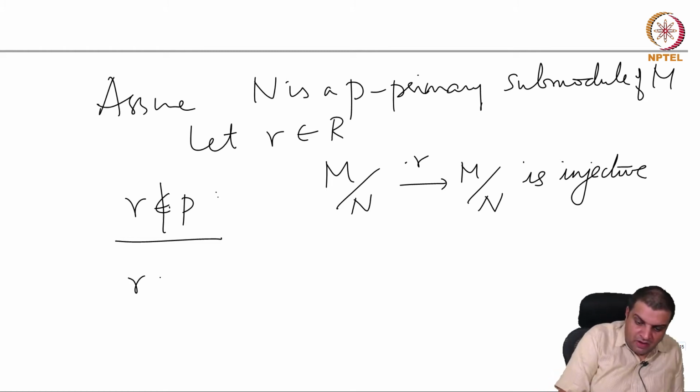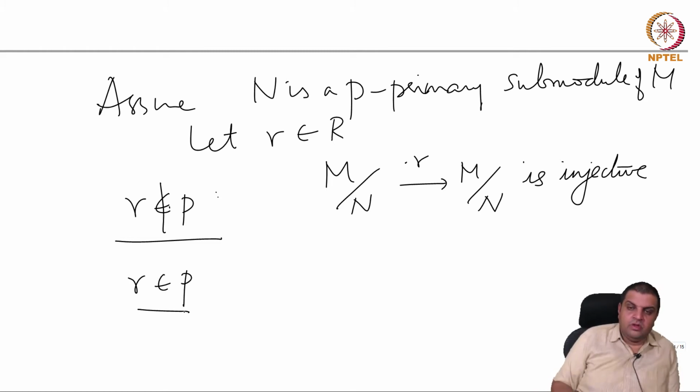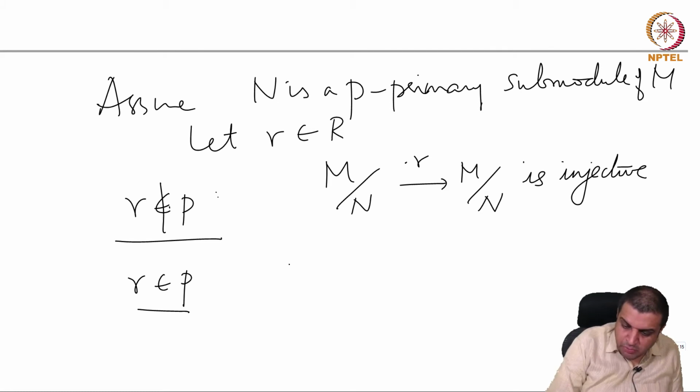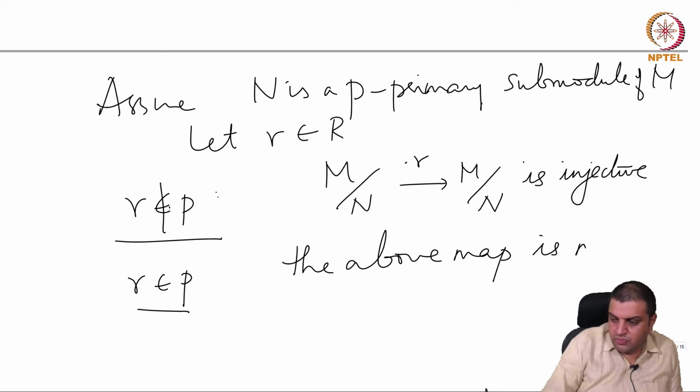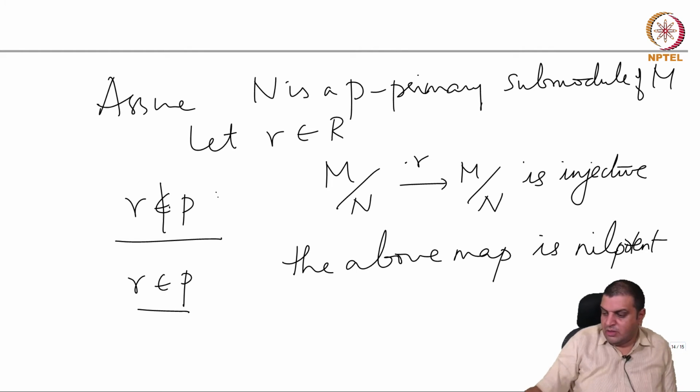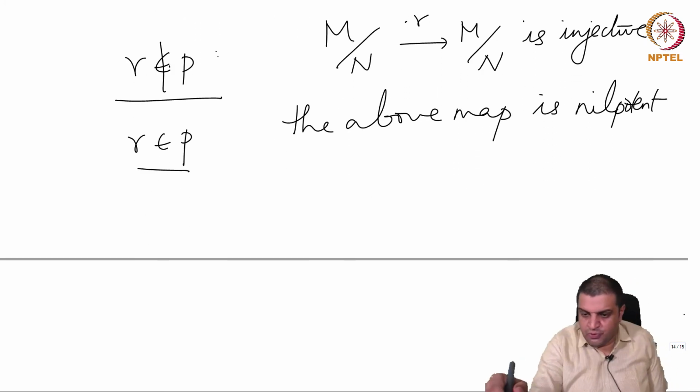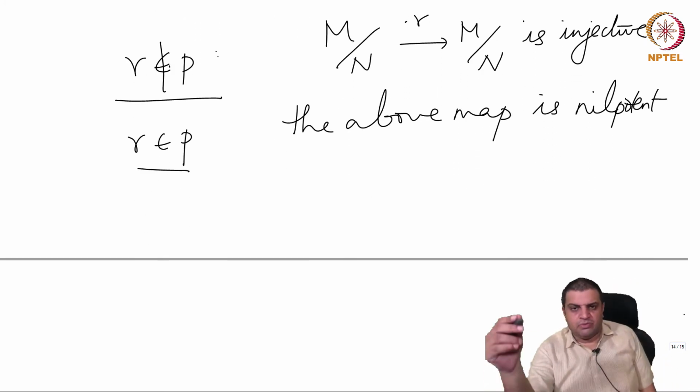And if r is in P, then the map is nilpotent. In other words, if you compose that map with itself enough times, it becomes the zero map.